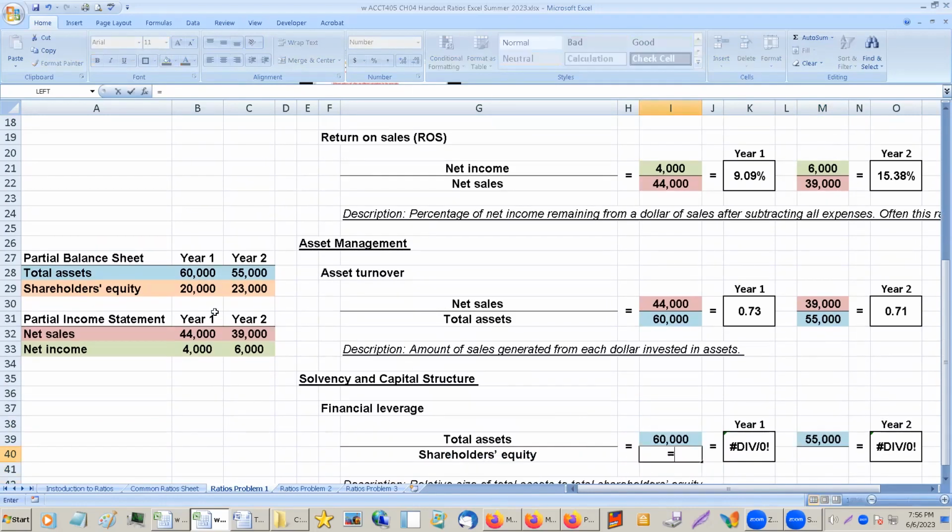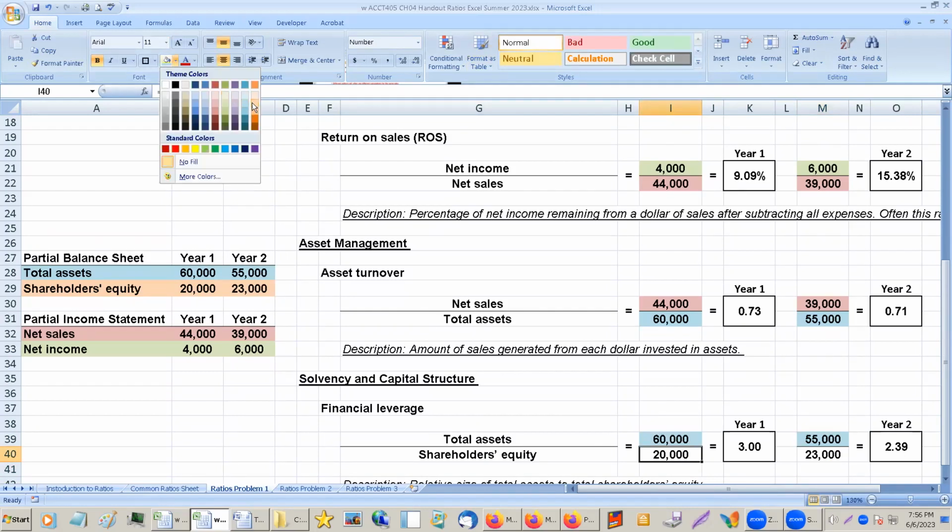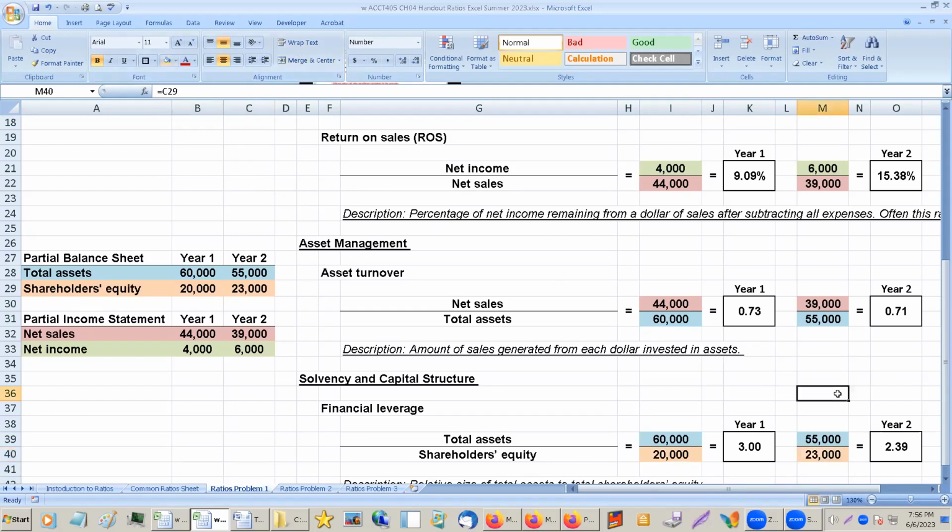Let's go. This one's a little bit of a mixed bag. It's hard to know whether this one should go up or down.